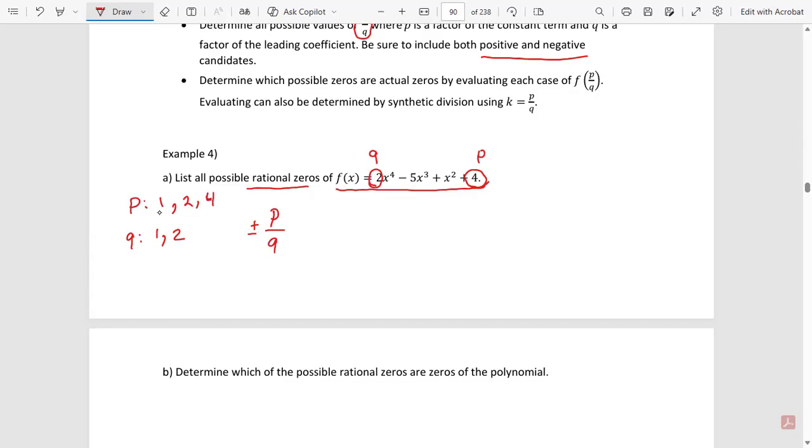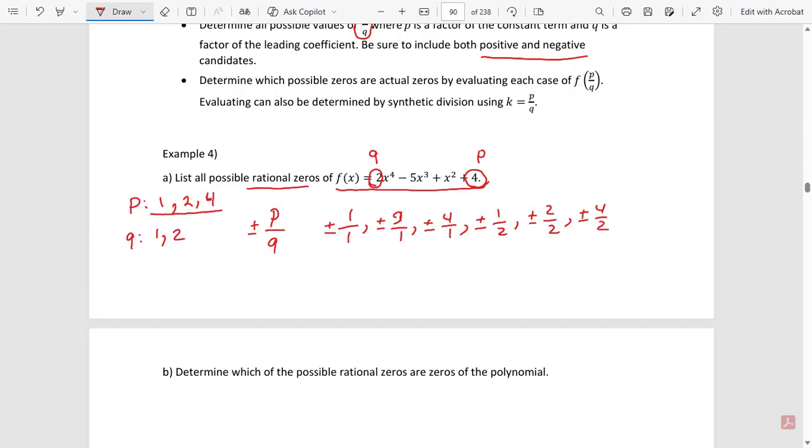So let's divide all of the P by 1. So 1 over 1, 2 over 1, and 4 over 1. Now I'm going to divide them by 2, which is the second factor of Q. So 1 over 2, 2 over 2, and 4 over 2.